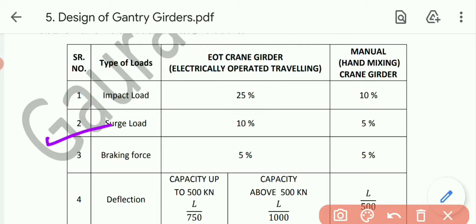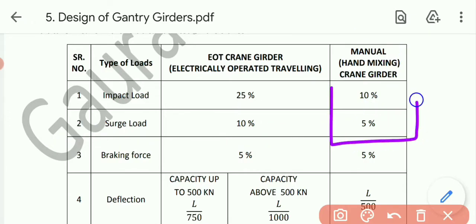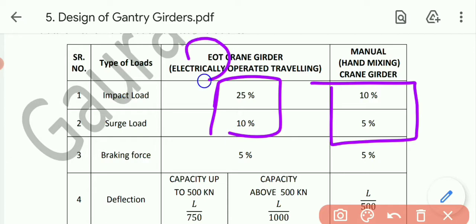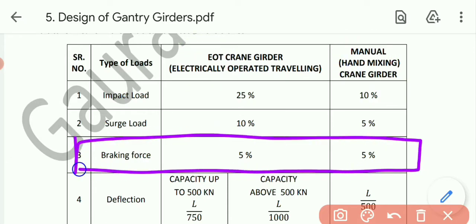Then second, that is the surge load. In surge load, we can say for EOT crane girder surge load is taken 10%, while for manual crane girder it is taken as 5%. So these are the two main big difference between the EOT and manual crane girder. While braking force is taken common in both the cases, EOT as well as manual.